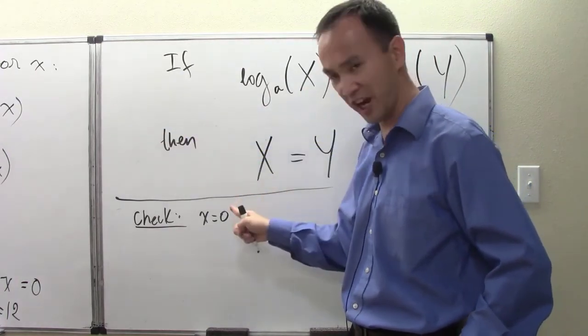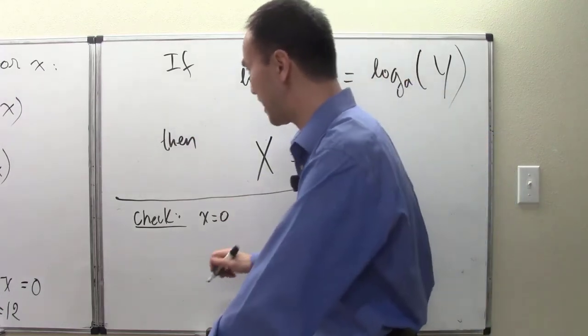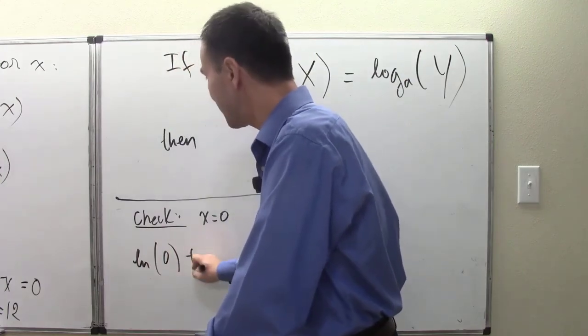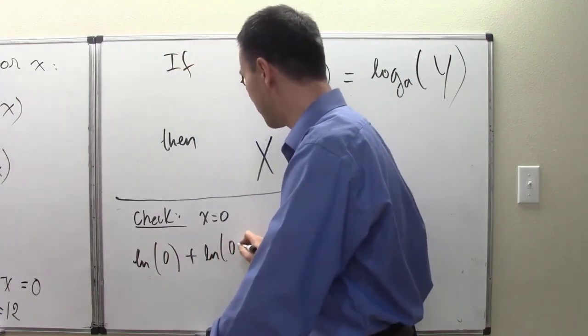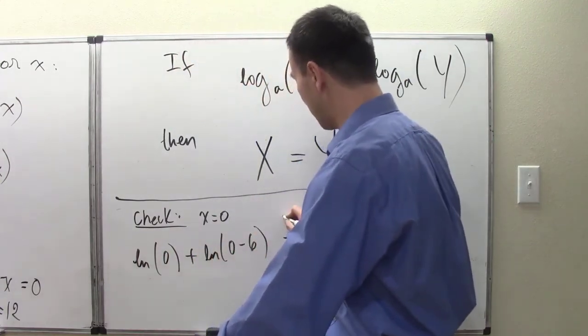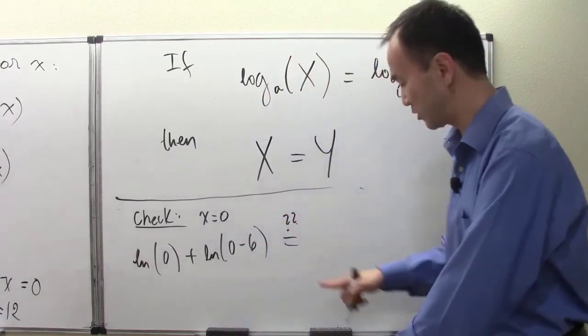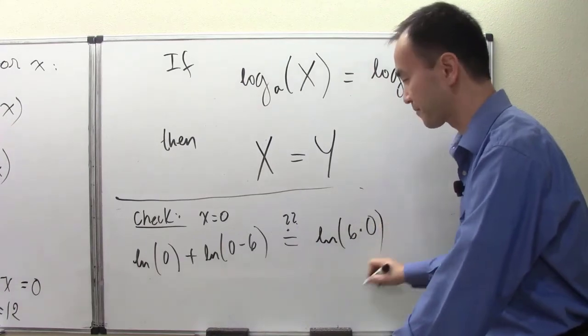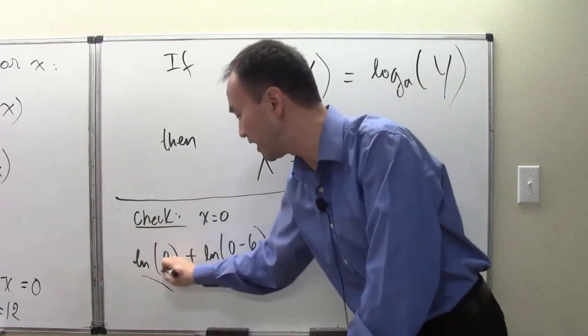So we still need to check. So when x equals 0, our original equation appears as following: natural log of 0 plus natural log of 0 minus 6, and we wanted that to equal, that's why I'm putting a question mark, natural log of 6 times 0. That's 0, undefined for log.